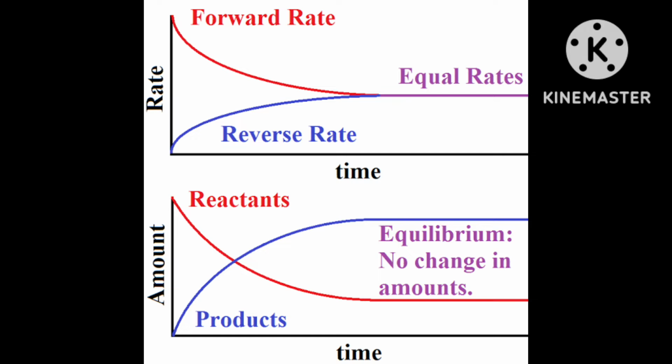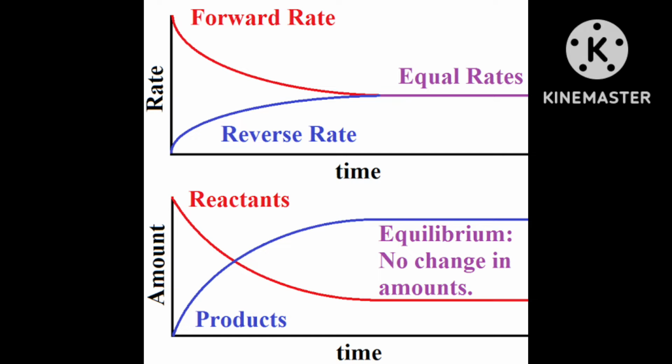With the passage of time, the quantity of product will increase, and after the reaction it becomes constant. The reactant curve goes down and the product curve goes up: reactant concentration decreases and product concentration increases with time.